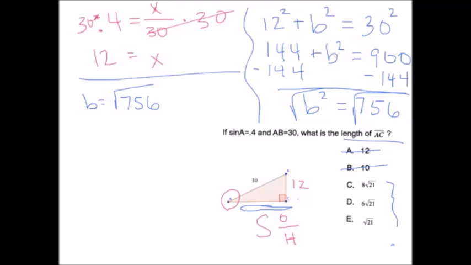So let's divide 756 by 21, and it looks like we get 36, which is a perfect square. So we break this down into radical 36 and radical 21. And again, a quick recap, that's because 36 times 21 gave us 756. This is just the best way to break it down because 36 is the biggest perfect square that fits inside.